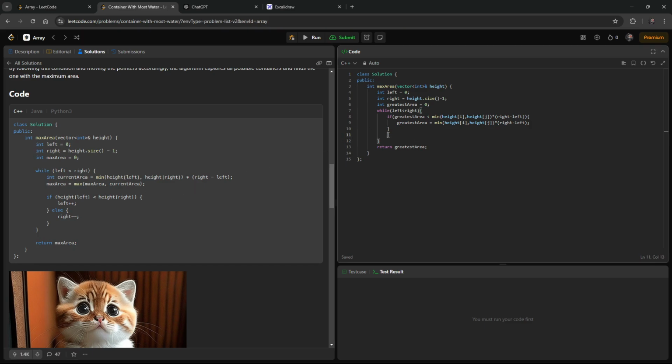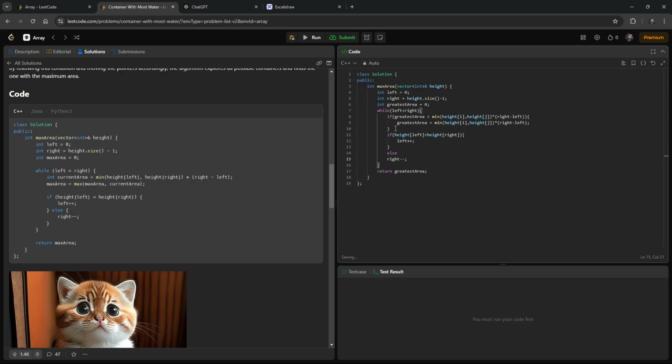Okay. So I actually interpreted the question mistakenly. If height left is less than height right, left plus plus, else right minus minus.